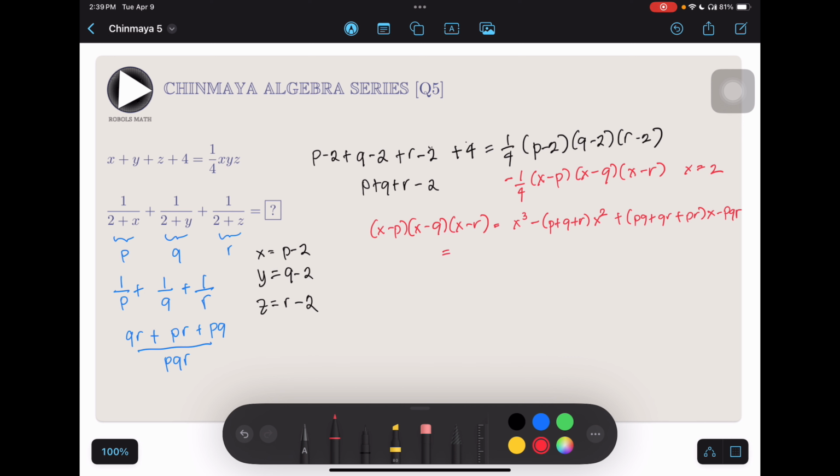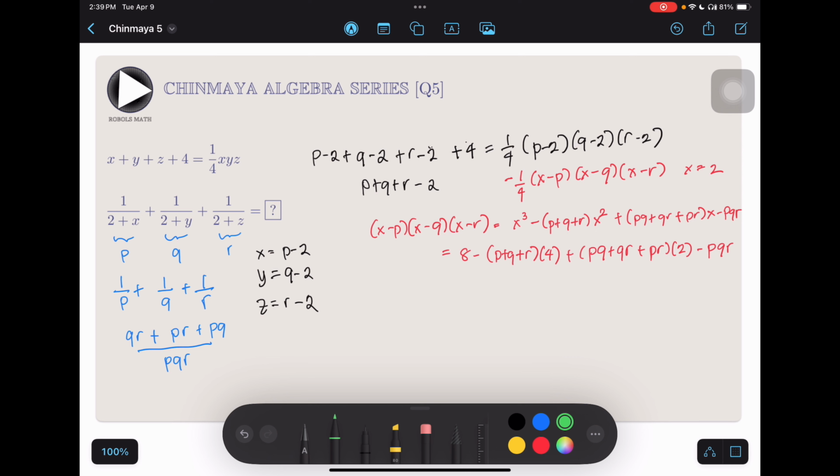If we substitute 2, we get 8 minus p plus q plus r times 4, plus pq plus qr plus pr times 2, minus pqr.